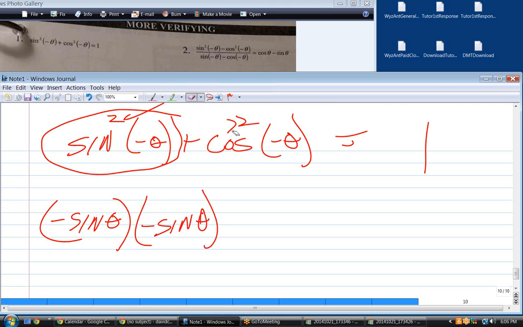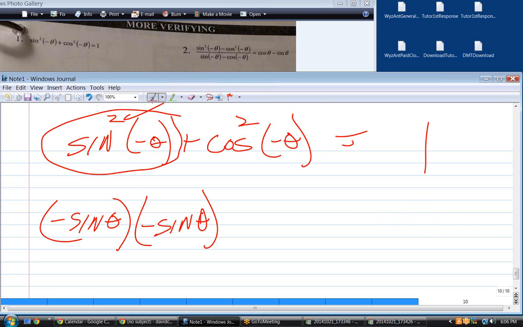What's cosine of negative theta equal to? Negative cosine theta. No. Cosine is an even function. It's equal to cosine theta, because it's even. Remember, sine is odd, tangent's odd. Cosine is even.